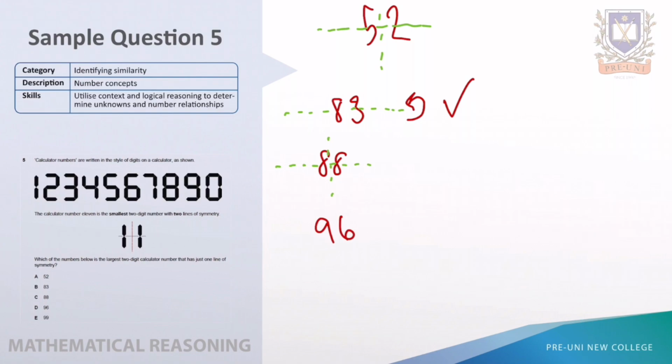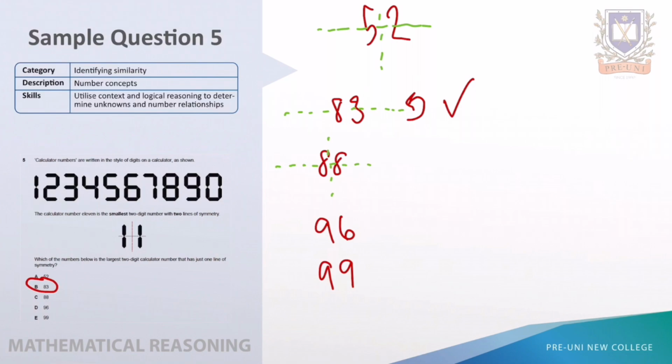In option E, 99, there is also no line of symmetry, either in the horizontal or vertical axis. And so therefore, from our checking through all the options, we can conclude only 83, or option B, has exactly one line of symmetry.